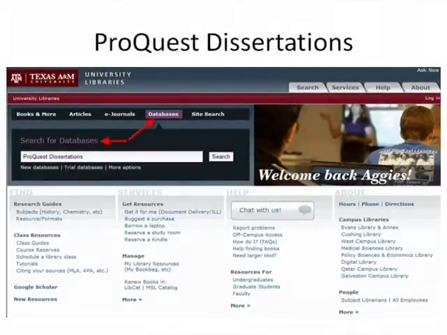Your searches then can be much more refined, because maybe you just want to find all the articles from Donald McCabe because he's the biggest player in academic dishonesty research that you can find. Then you're going to find related articles to that article. And see how it all kind of webs together? You can find dissertations written on your topic from your department from Texas A&M. Just like that. Okay, why is this helpful?